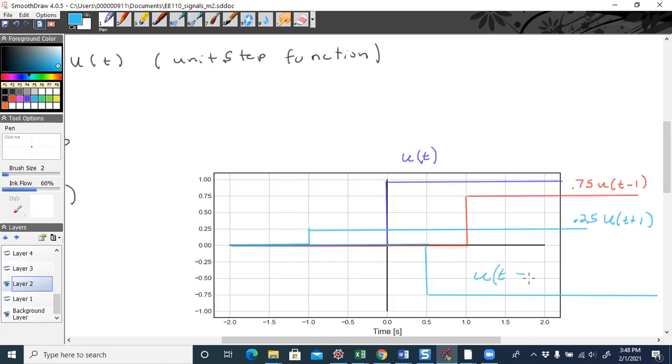It's delayed by 0.5, but it's scaled by minus 0.75, right? And so, yeah, delta functions can be positive or negative, and step functions can be positive or negative as well, all right?